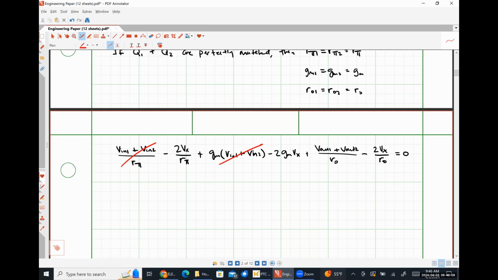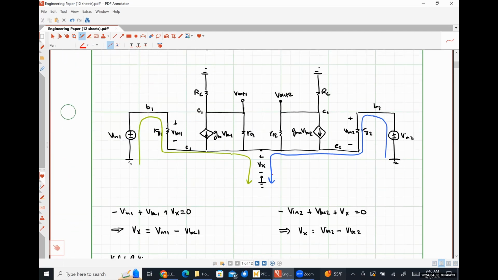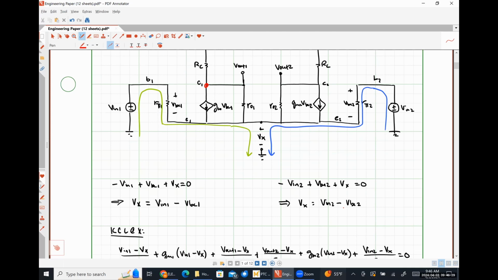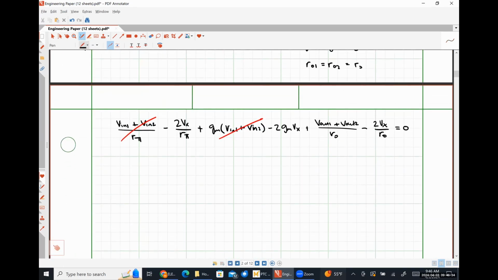In order to give us a different relationship between Vout1, Vout2, and Vx, we're going to apply Kirchhoff's current law at our collector nodes. So KCL at the collector node of transistor 1, which is this node right here, node C1.